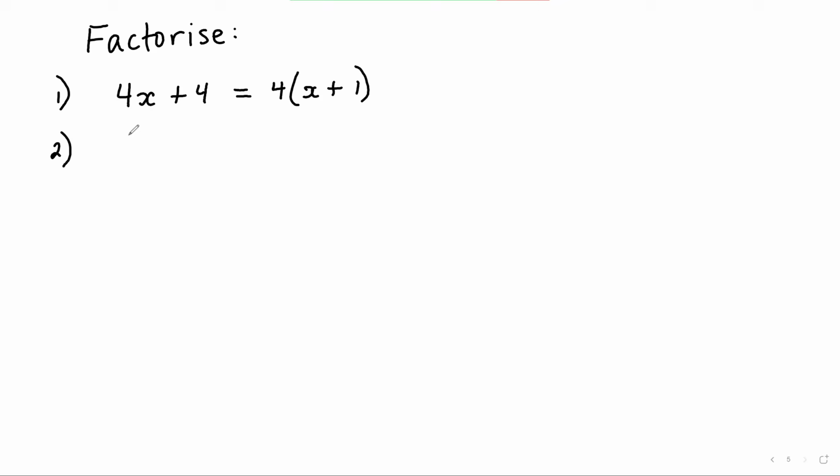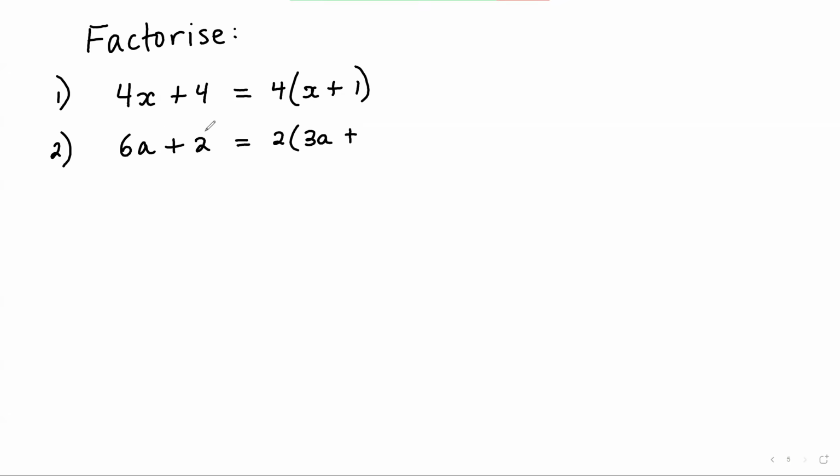If I had 6a plus 2, the common factor here is 2, because 2 goes into 2 and 2 goes into 6. So 2 on the outside and in brackets, well, two things you could ask yourself. You could either say 6a divided by 2 is 3a, or you could ask yourself, 2 times what gives me 6a? 2 times 3a gives me 6a.